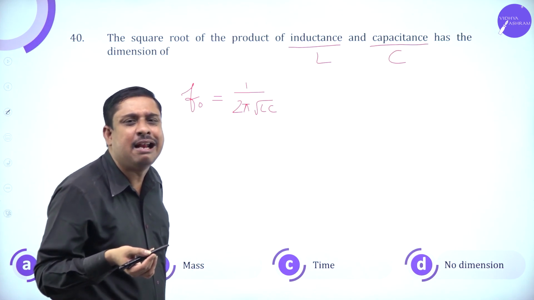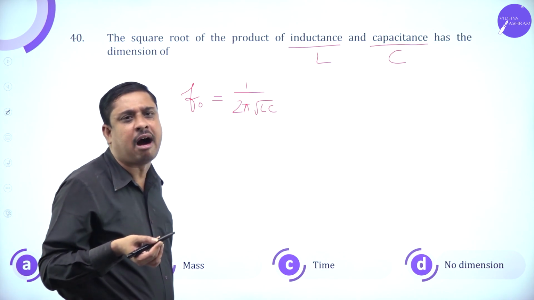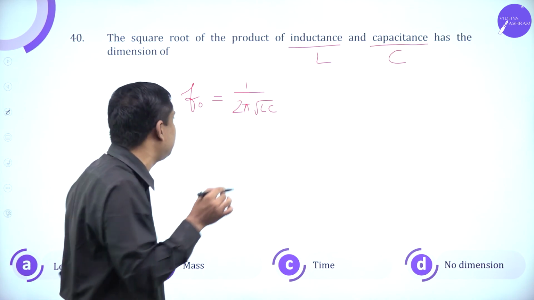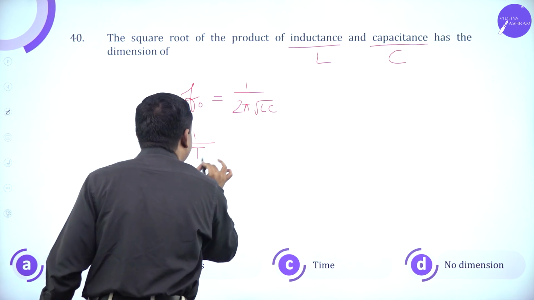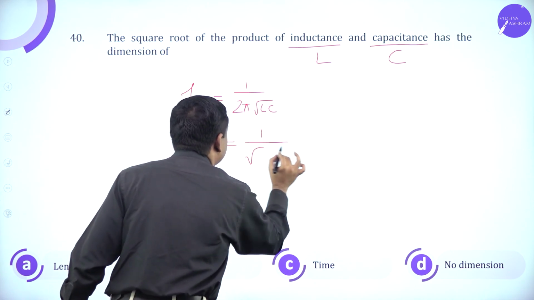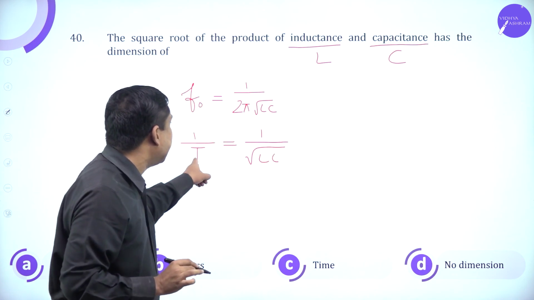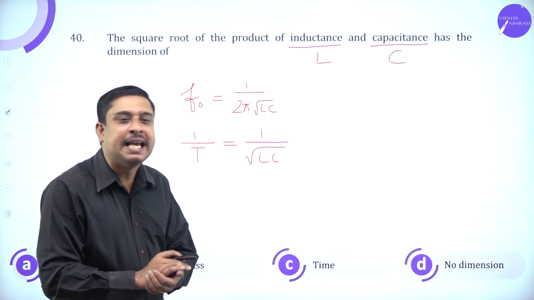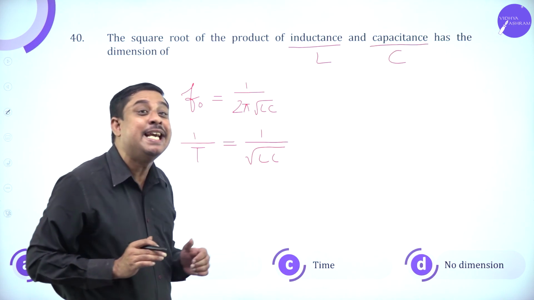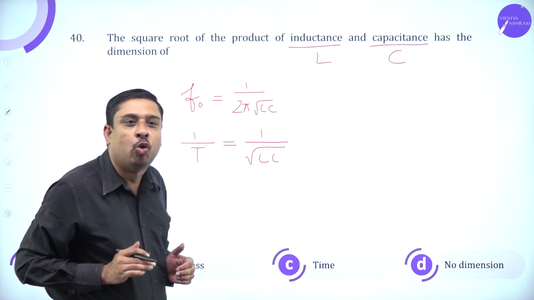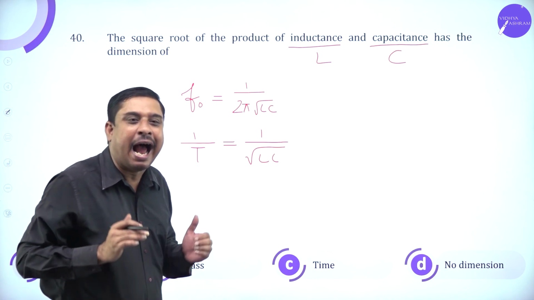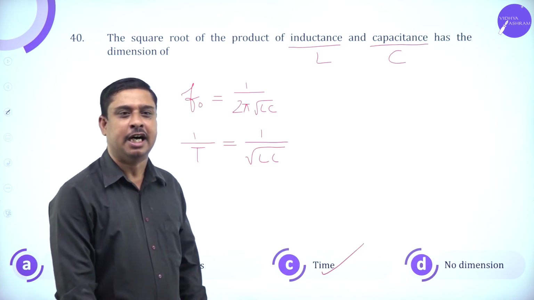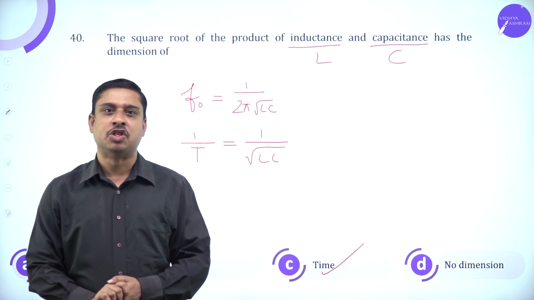We have said that numbers and scalars have no dimension. Can frequency be expressed in time? Good. Reciprocal of frequency is time. So root LC has the dimensions of time. Principle of homogeneity: where two quantities are equated, added or subtracted, they should have the same dimensions. So here root LC has the dimensions of time.